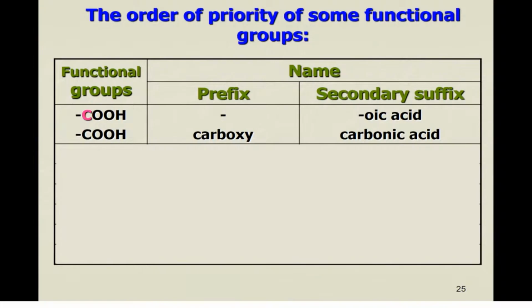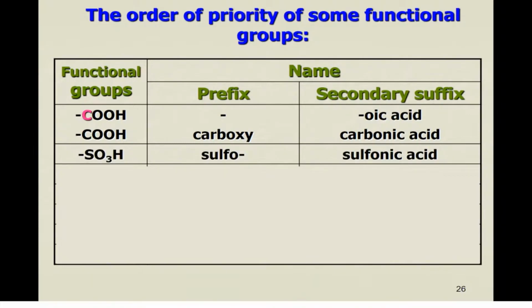So in such a case, the oic suffix can't be used. There is a different suffix: carboxylic acid, cyclohexanecarboxylic acid. But if both are present in the same formula, the one which is part of the parent chain and the one which is not, the second carboxy group becomes a prefix, carboxy as a prefix, and the first one gives us the oic suffix. They are both a prefix and a secondary suffix in one name.